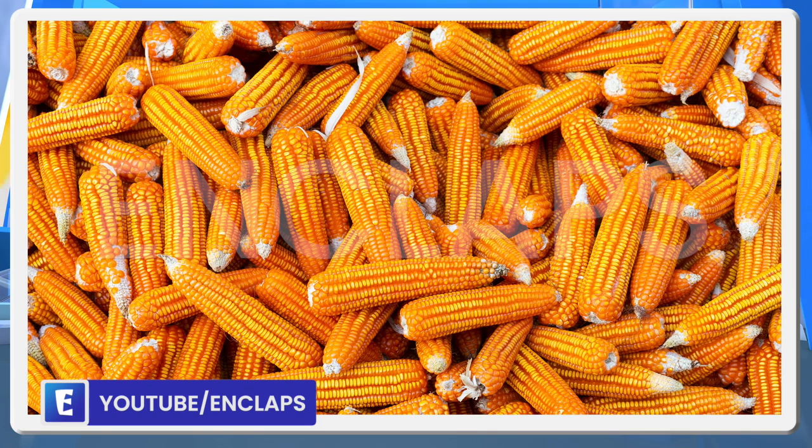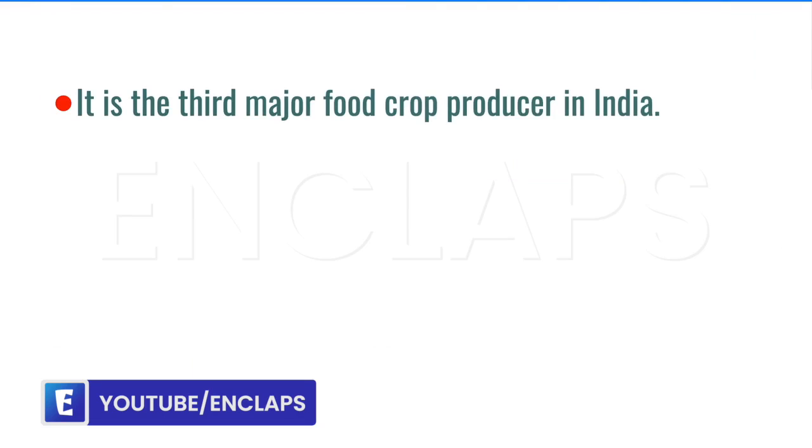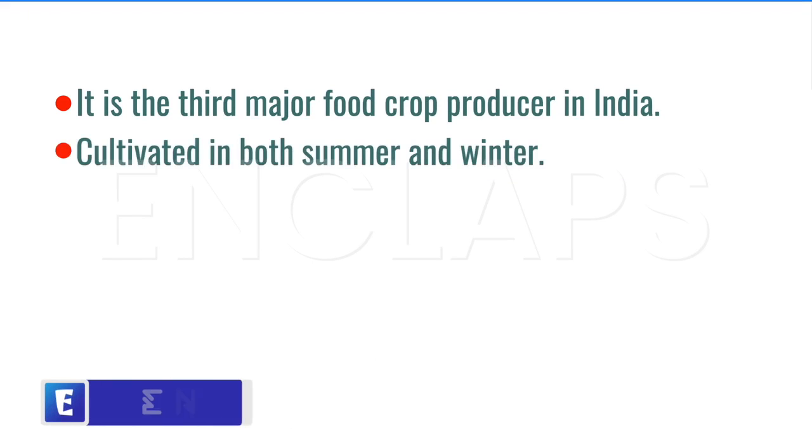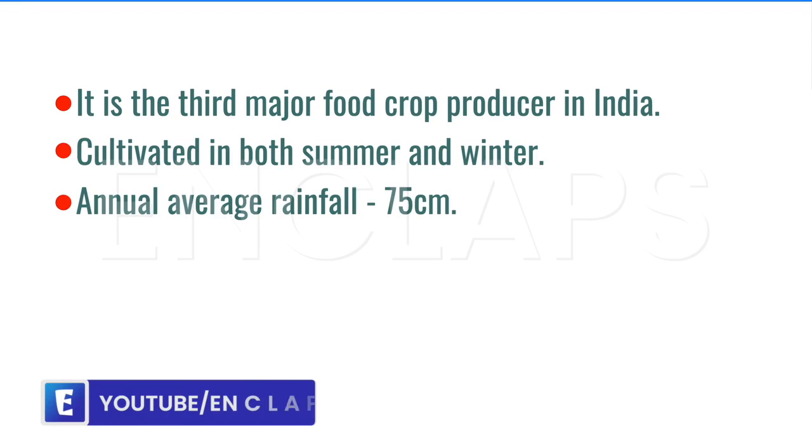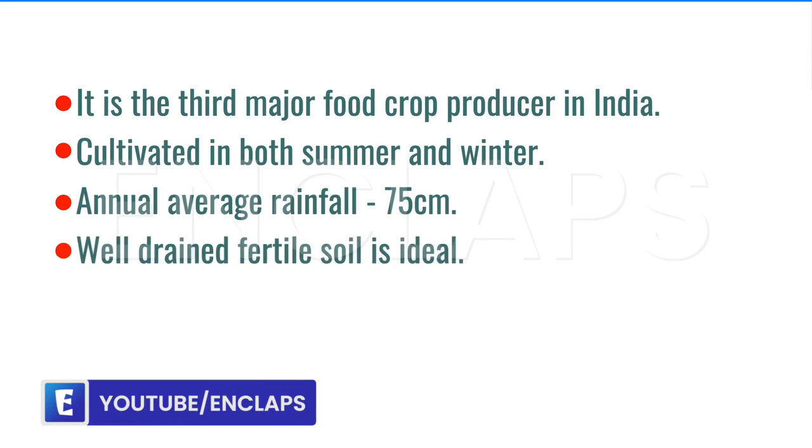Next, we are going to discuss another food crop, that is maize. Maize is the third major food crop produced in India, cultivated in both summer and winter seasons. The annual rainfall required for the cultivation of maize is about 75 centimeters, and well-drained fertile soil is ideal.